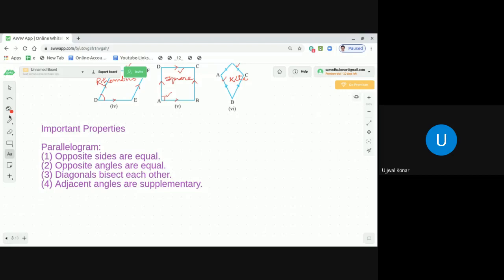Now I'm coming to the next one. Let me do it in a different color. I want to define the important properties of the rhombus. The first property we can say about the rhombus is that it has all the properties of a parallelogram, and on top of it, the diagonals are perpendicular to each other.